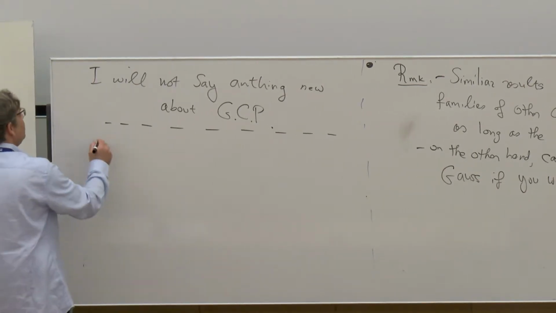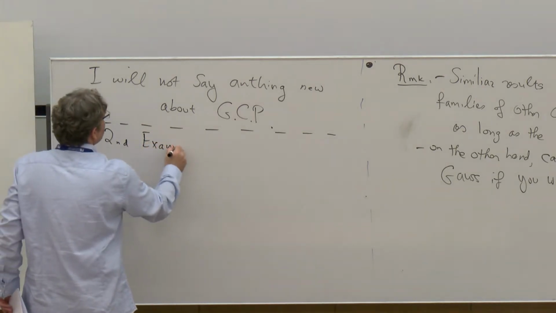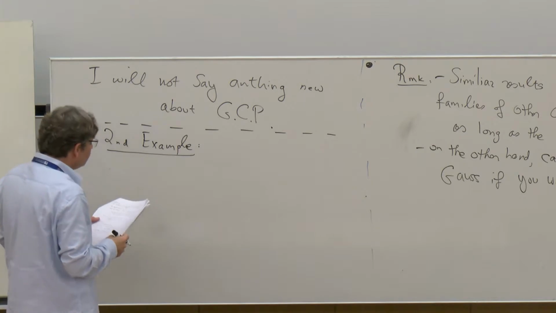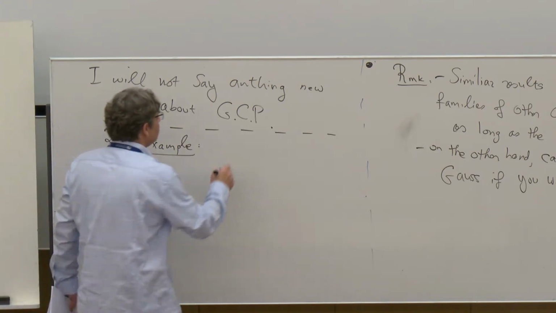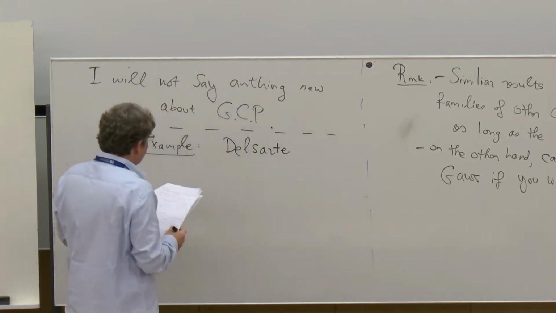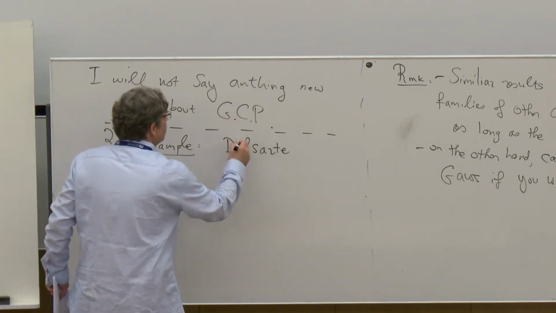So maybe the second example, which is usually, I thought it's attributed to Selberg, so this is due to Delsarte. So he initiated the study. I think he was a Bourbakist.